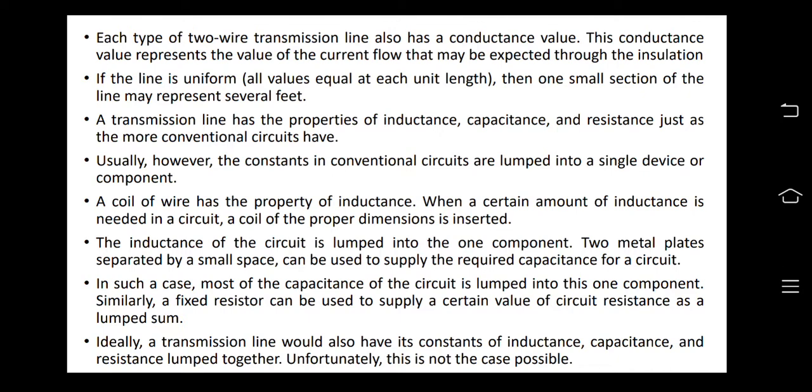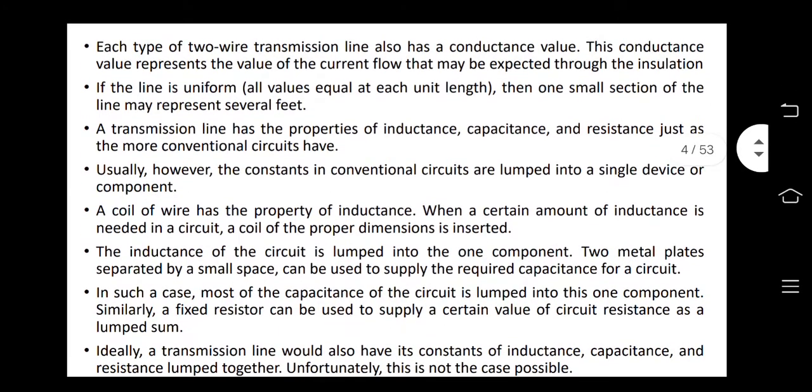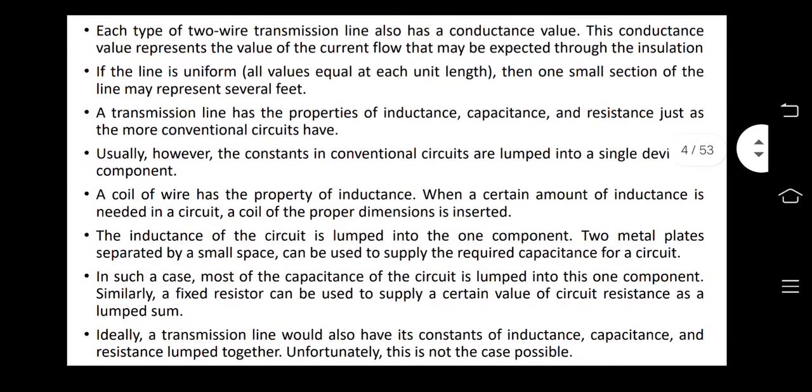A transmission line has the properties of inductance, capacitance, and resistance, just as the more conventional circuits have. Usually, however, the constants in conventional circuits are lumped into a single device or component. A coil of wire has the property of inductance. When a certain amount of inductance is needed in a circuit, a coil of the proper dimension is inserted.